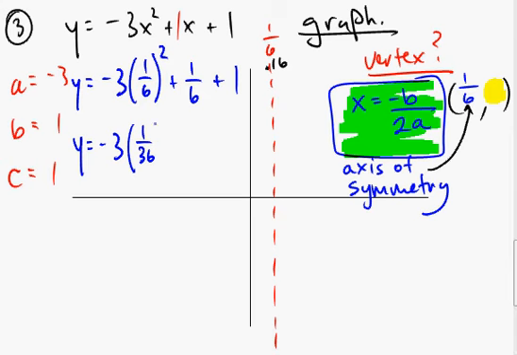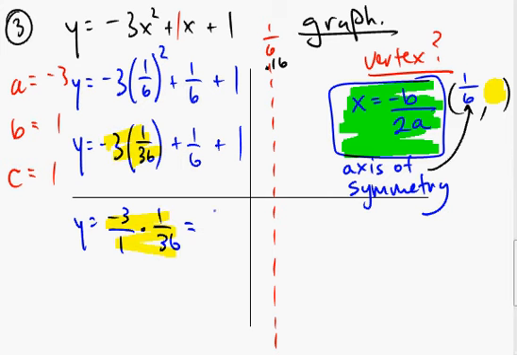Good, 1 over 36. Plus 1/6 plus 1. -3 times 1 over 36 would look like this. That's this part. And you could reduce that to -1 over 12. So this yellow part's -1/12.